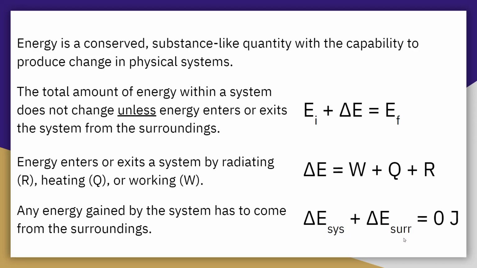And when we add those two values up, we would end up with a value of 0. And conversely, if we lose any energy from our system and have a negative change in energy of the system, that would correspond with a gain or an increase in the change in energy of the surroundings, but they would still sum up to equal 0.